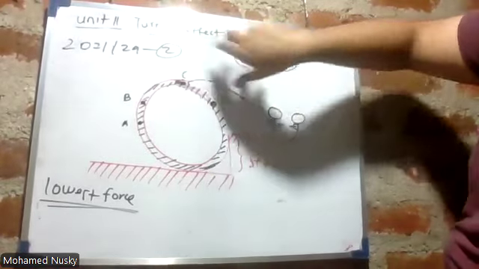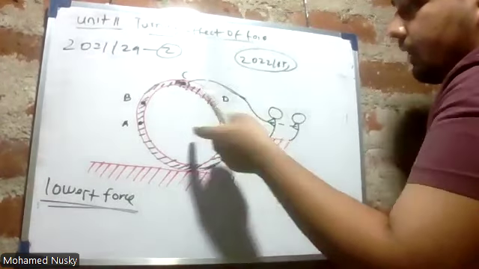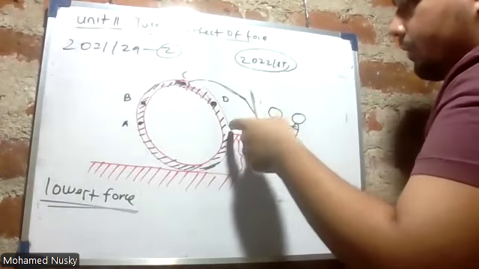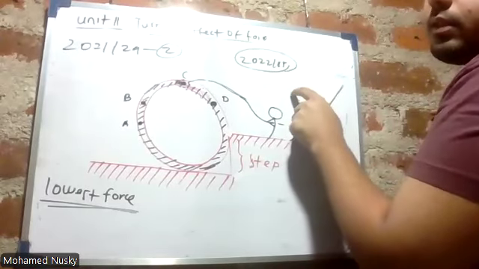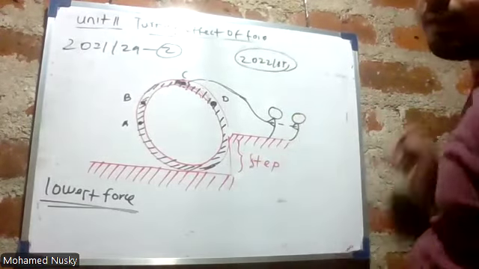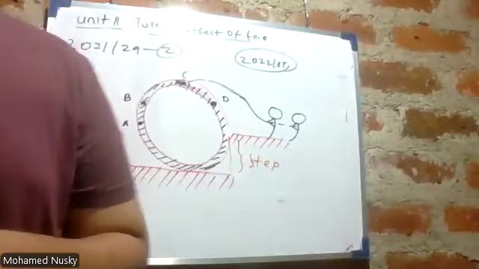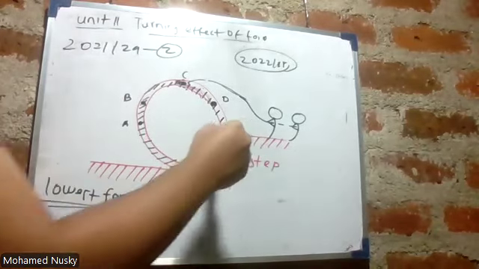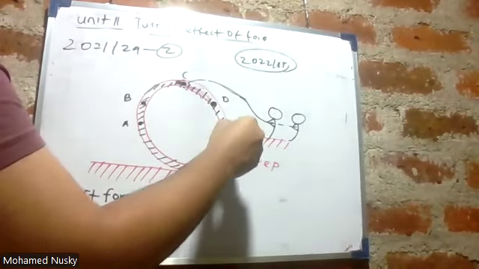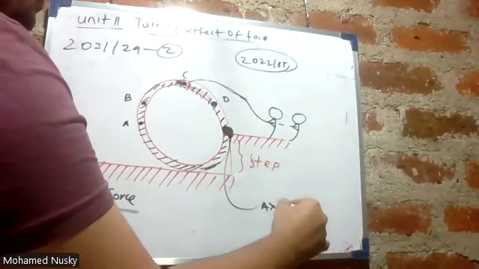Therefore, from this point only, the ring will be rotating like this and reach the steps here. So you can see this is going to be the axis of rotation.